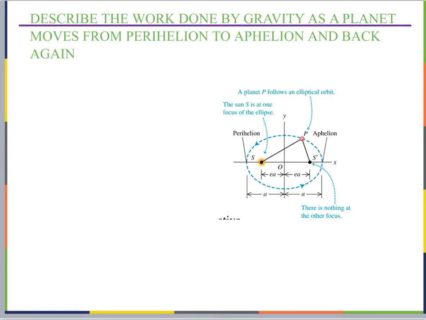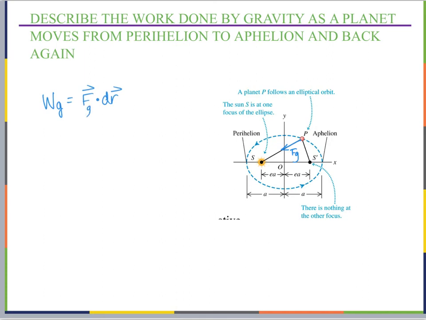One last thing, I talked to one of the groups today about the work done by gravity, so remember, work done by gravity as the planet goes around the sun, keeping in mind that the force of gravity is always towards the sun. And we want to think about when gravity is going to do positive work and when it will do negative work.